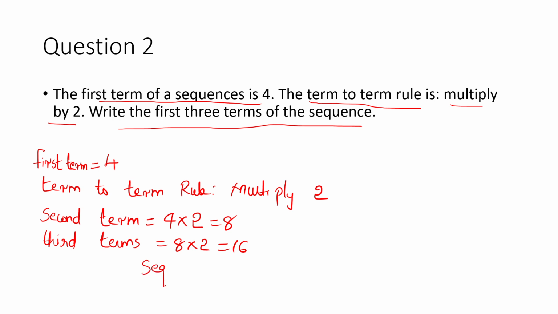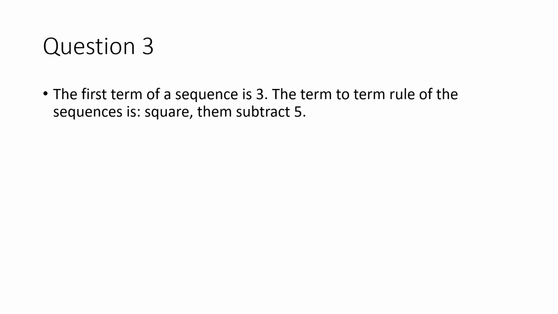So the sequence will be 4, 8, 16. These are the first 3 terms. Did you get it? Okay, very simple. We will do one more question. First term. What is the first term?